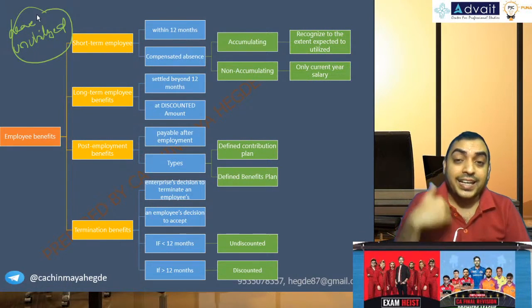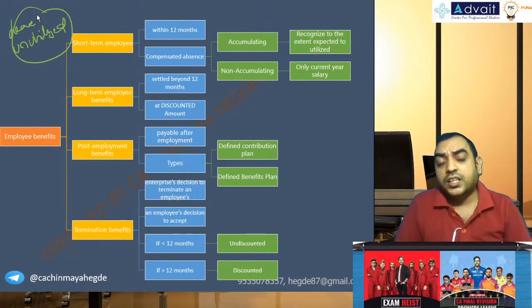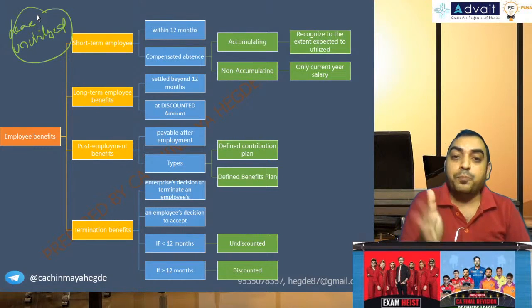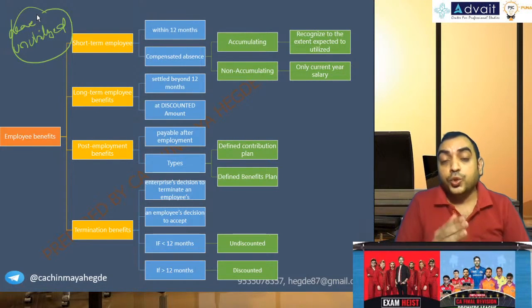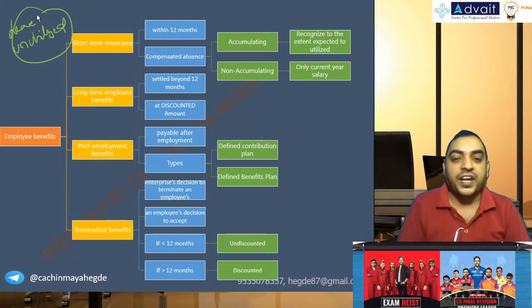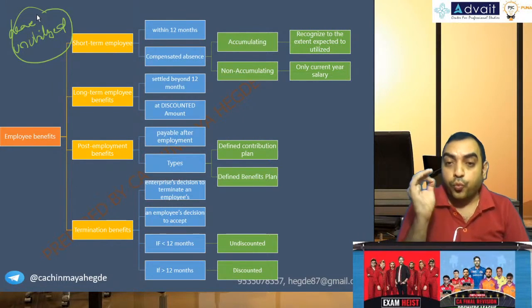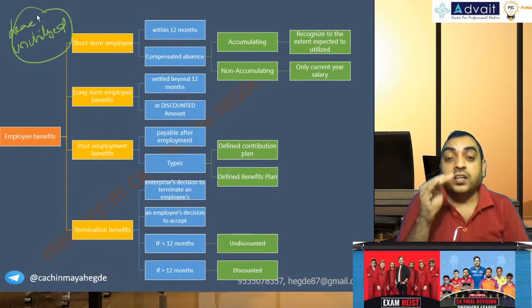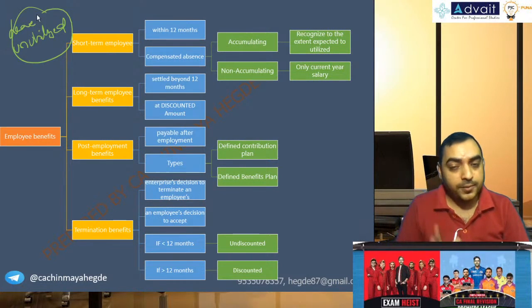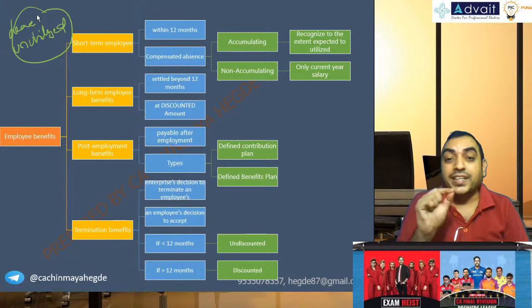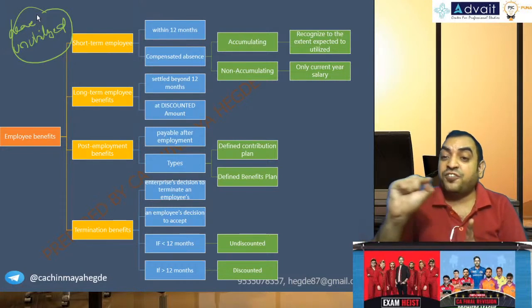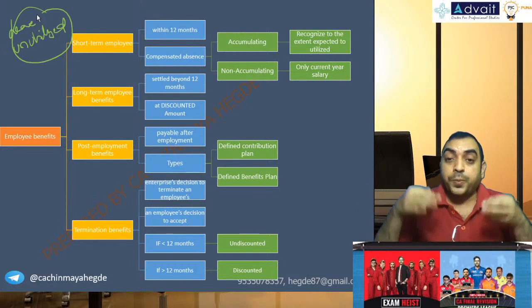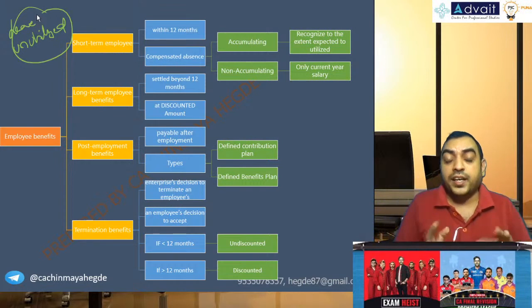But the terms and conditions of this entitlement transfer may put some restriction, that you cannot carry over 20 leaves, you can only carry over 5 leaves. So what should happen? To the extent of leave unutilized by the employee, to the extent it can be carried forward and utilized, expense and liability should be recognized.